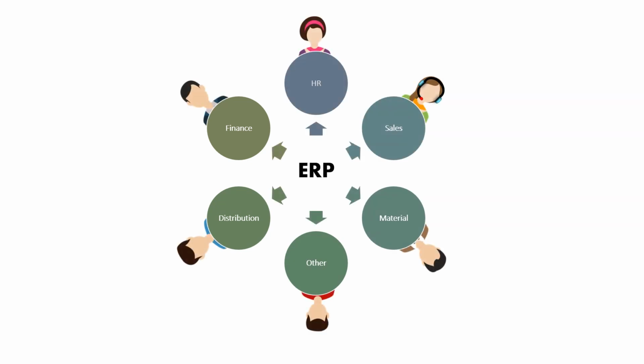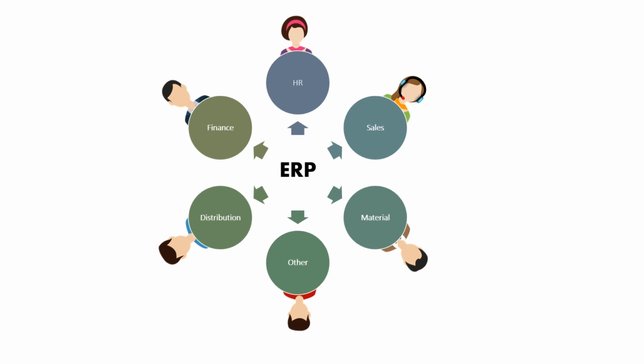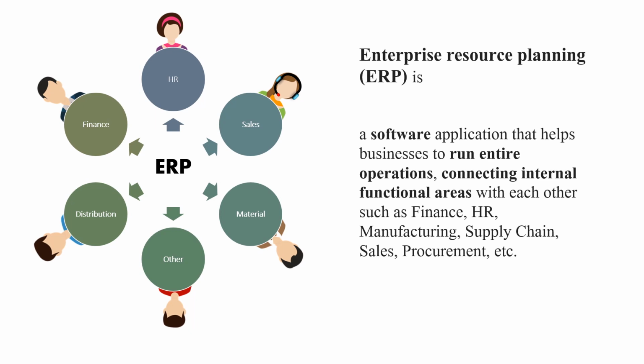To put it simply, when these software systems are interconnected, the entire system is referred to as ERP. The definition of ERP, which stands for Enterprise Resource Planning, is that it's a software solution that helps businesses run entire operations by connecting almost all internal functional areas like finance, HR, supply chain, and so on.